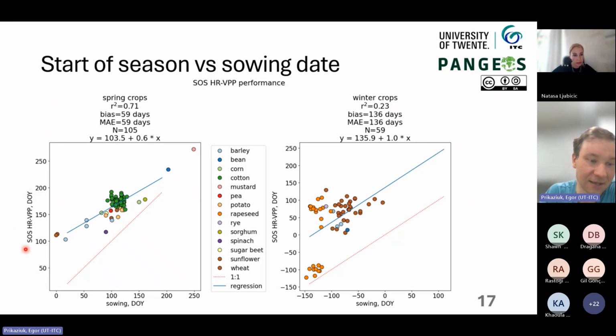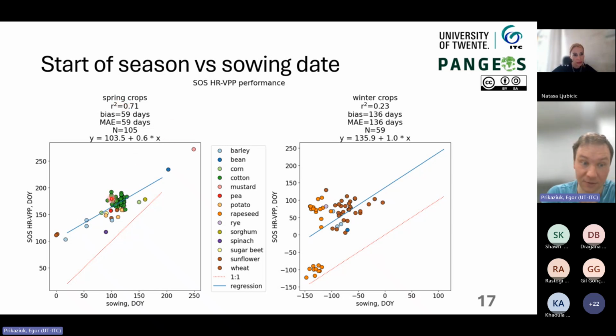So here is the SOS from the HR-VPP product as it is. And for winter crops, you see there is a split. Some seasons are okay, and those seasons are terribly off. The dashed red line is the one-to-one line where all points are expected to be, and the blue line is the regression line with this correlation coefficient squared.